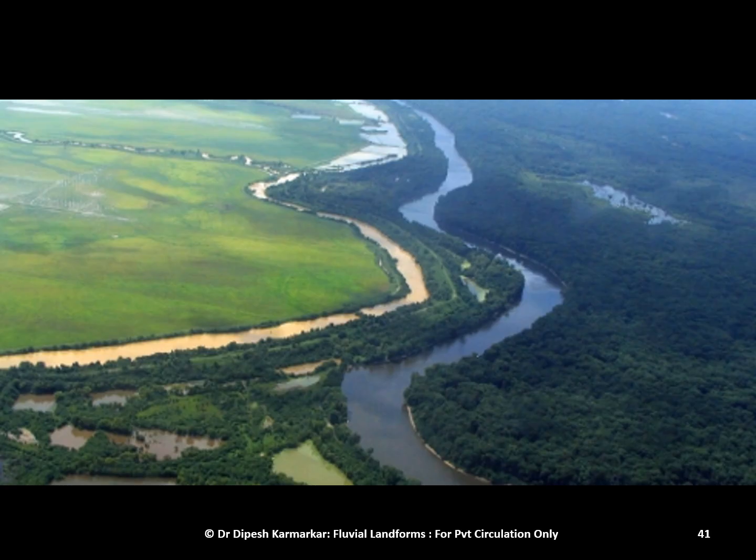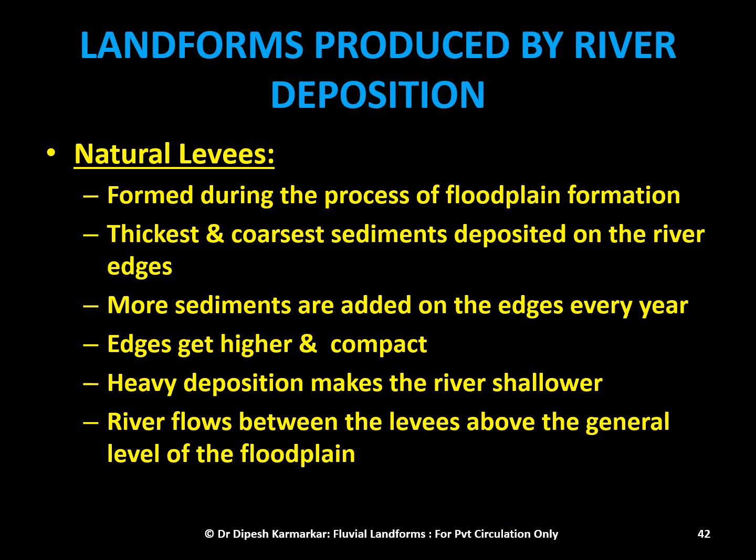Here is another image showing a floodplain from above with its flat, fertile land. Next, natural levees, which we already have referred to in previous slide. These form during the same process of floodplain formation.